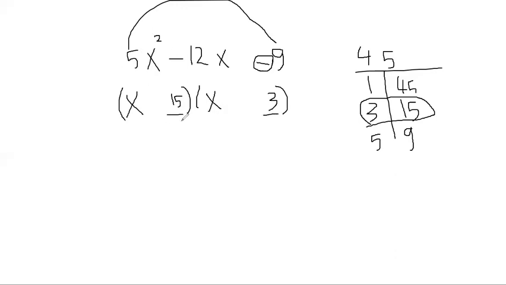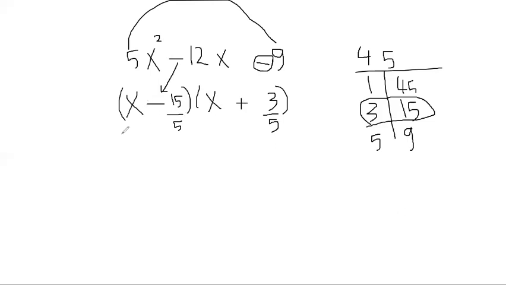So divide them. Don't forget this step, it's very important. Okay, and because this is minus, the greater number will take the sign of the middle. So we will put the sign of the middle on the greater number here. It will be negative, and the second one must have the opposite sign, so it will be positive like this.